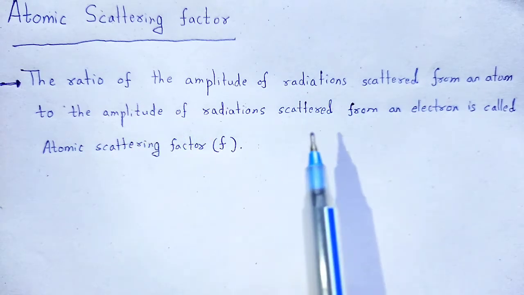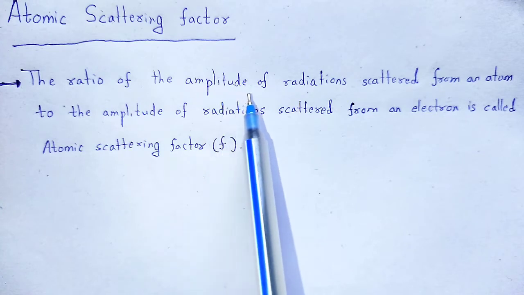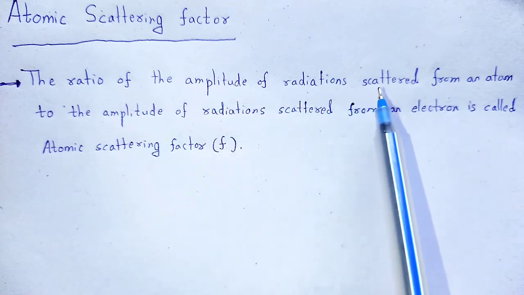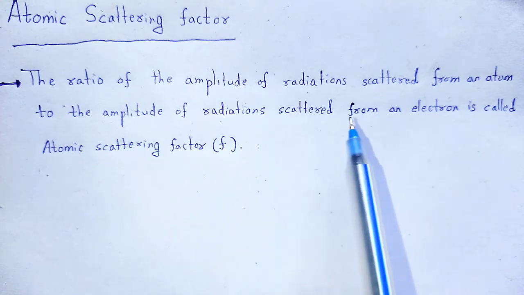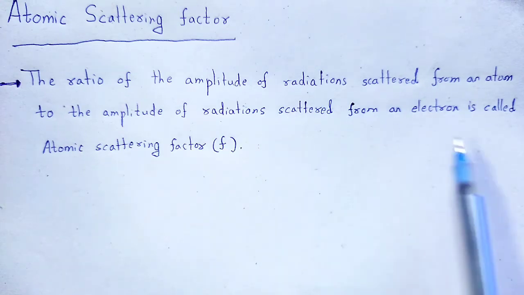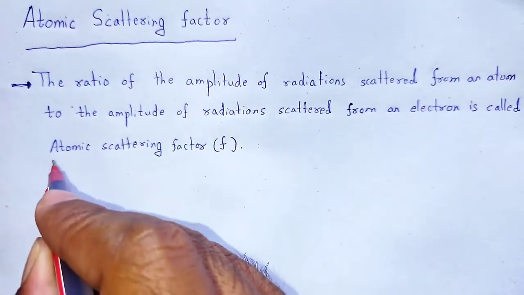Atomic scattering factor is the ratio of the amplitude of radiation scattered from an atom to the amplitude of radiation scattered from an electron.